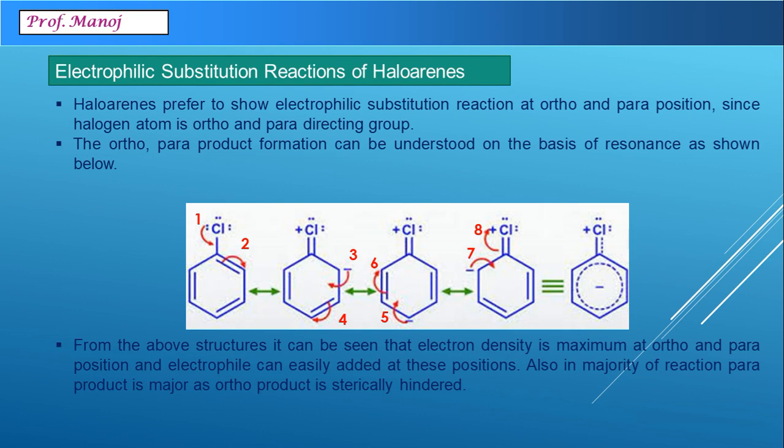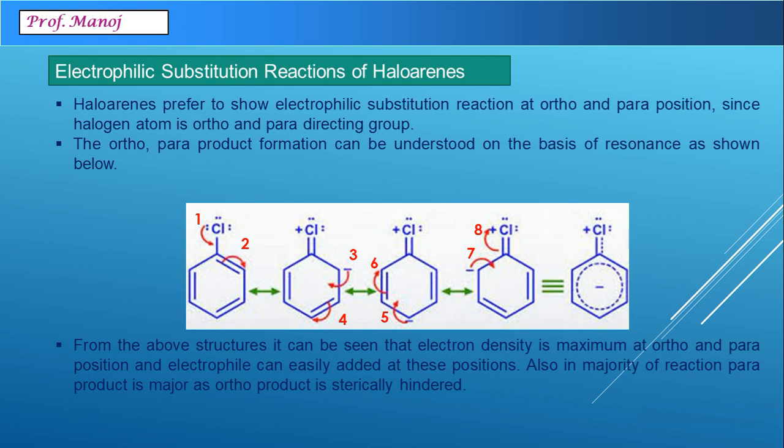Also watch, the negative charge is present on the second, fourth and sixth positions of the benzene ring, which we call the ortho and para positions. This is the reason why electrophilic substitution will happen at ortho and para positions. In simple language, an electrophile, which is positively charged, will attack where there is a negative charge. And where is the negative charge here? On the ortho and para positions.